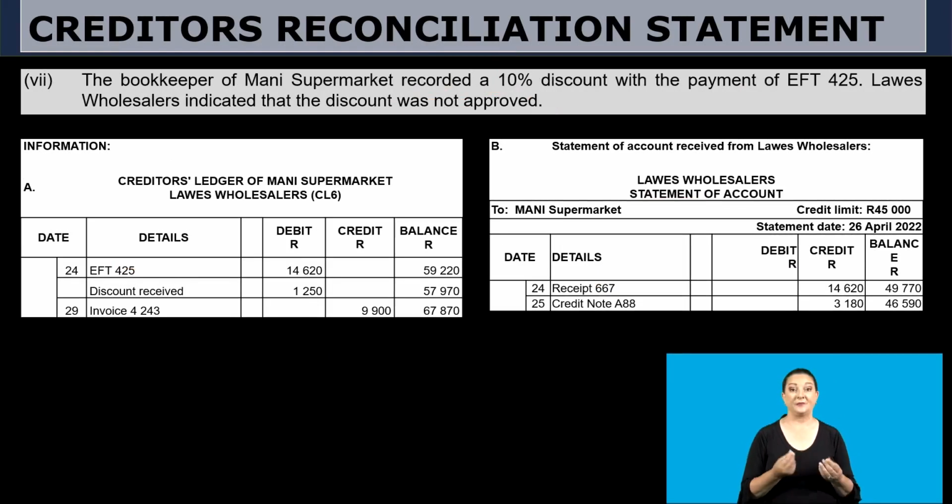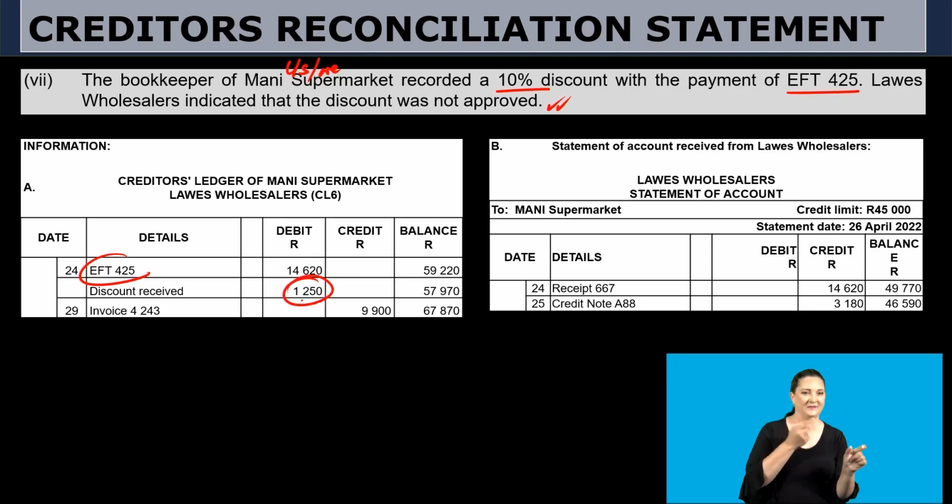Number 7. Our bookkeeper recorded a 10% discount on the payment of EFT 425. They indicated that the discount was not approved.